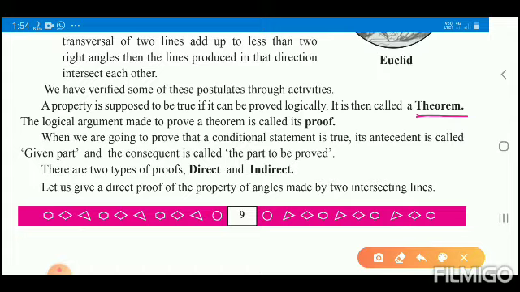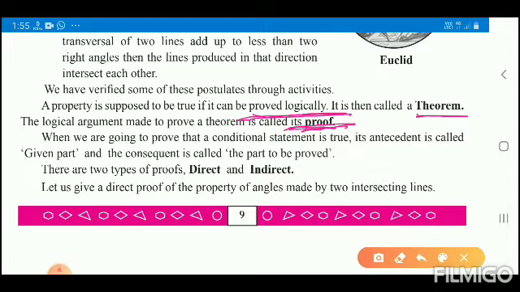A property that is supposed to be true if it can be proved logically. When we prove any property logically, then this property is known as a theorem. The logical argument made to prove the theorem is called the proof. For proving a property, whatever logical arguments we make are known as the proof of that theorem.